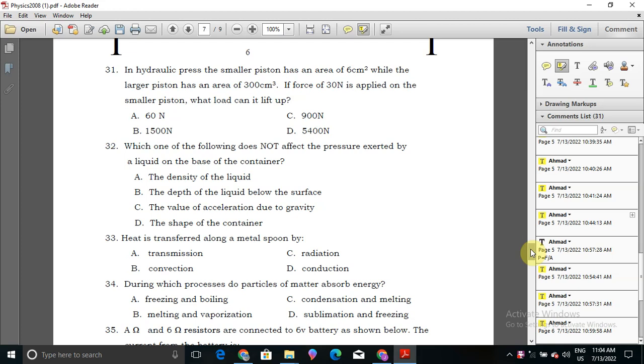Okay, what we have here is the hydraulic press, and I think you know the formula of the hydraulic press, which is P1 is equal to P2, or F1 over A1 is equal to F2 over A2, right? Let me write it.